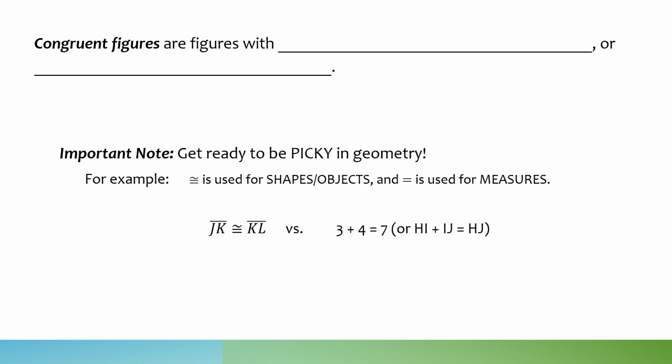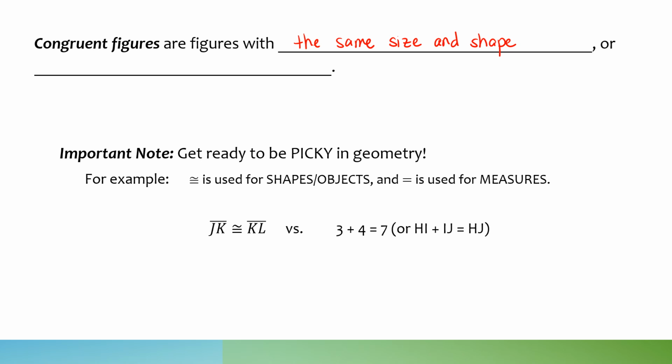So let's expand that just a little bit. For now, we'll say that congruent figures in geometry are figures with generally the same size and shape. The same size and shape.